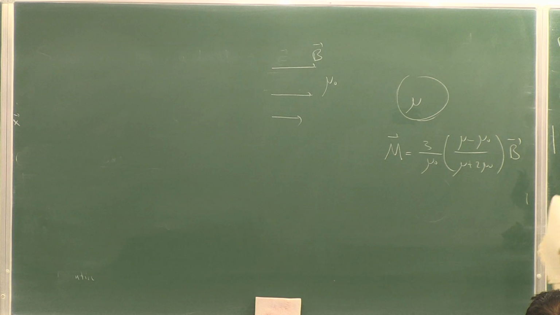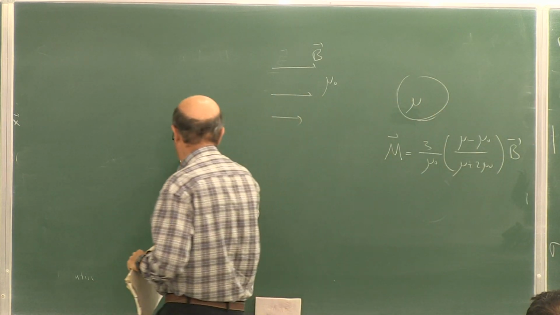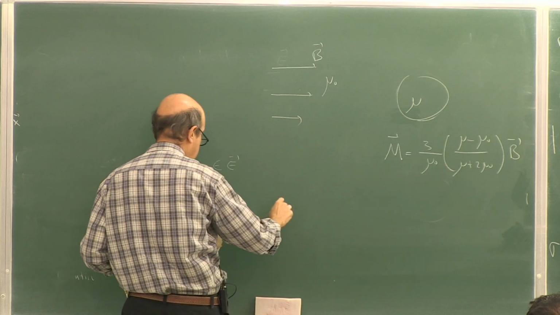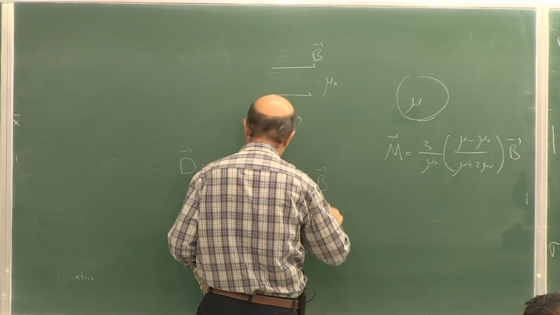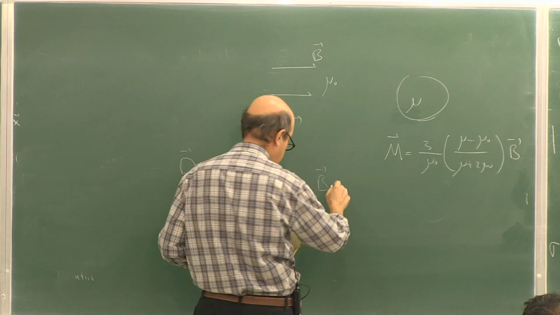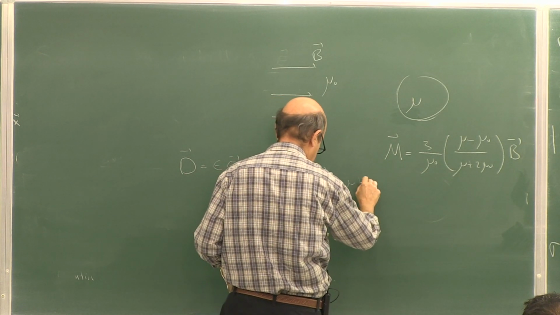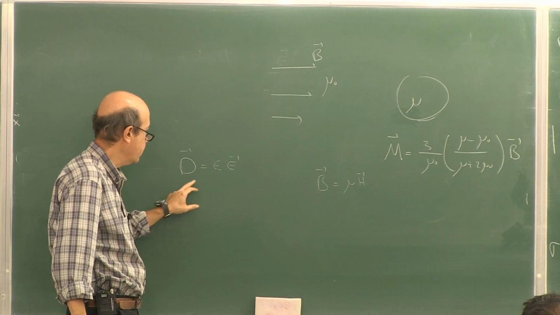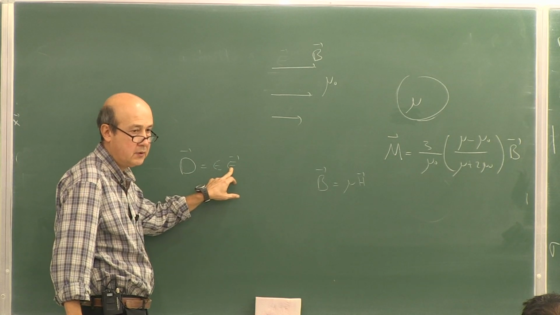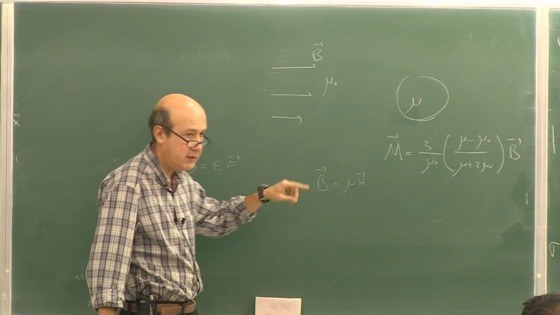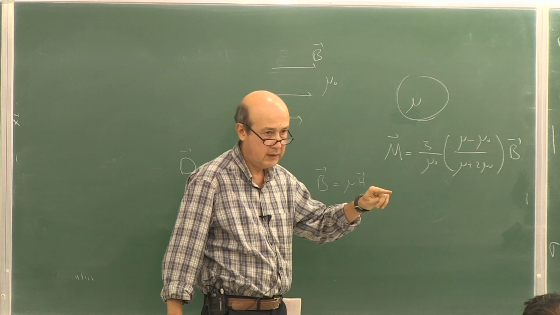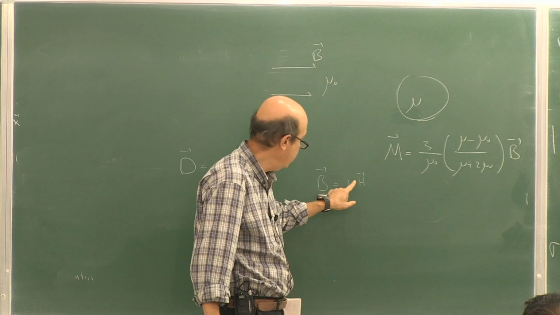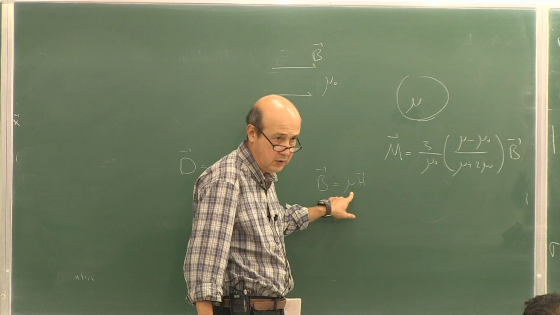So basically, D is equal to epsilon E, and here, B is what? Mu H. So when epsilon goes to infinity, the electric field goes to 0. This is the limiting case in a perfect conductor. For that case, B goes to 0 in the perfect conductor when mu goes to 0.